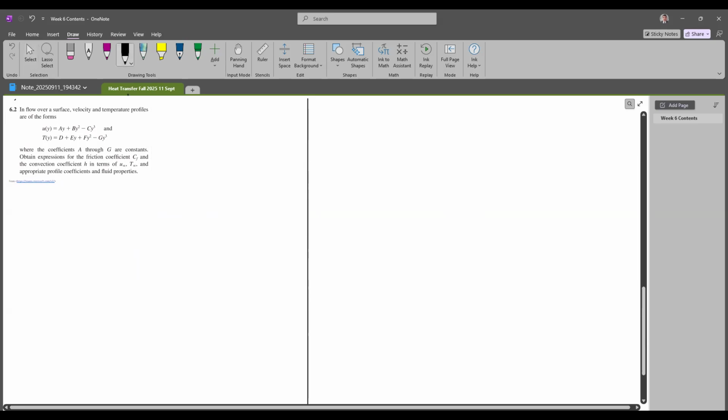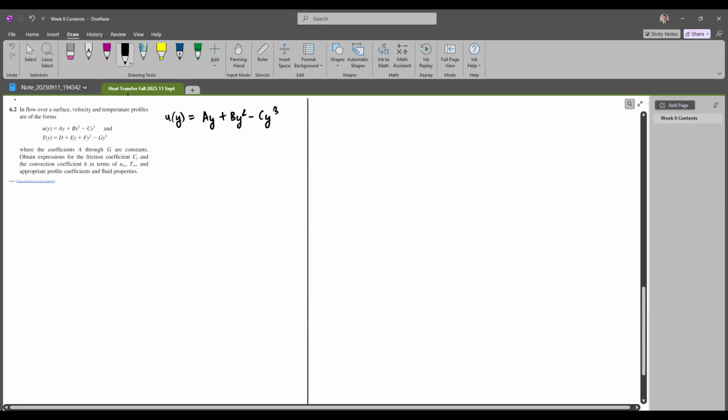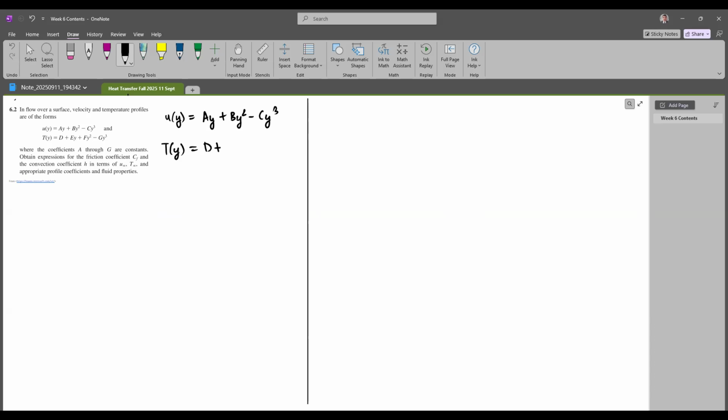I'll just write it down. U as a function of y, the velocity profile, is ay plus by square minus cy cubed. And the temperature profile as a function of y is d plus ey plus fy square minus gy cubed.